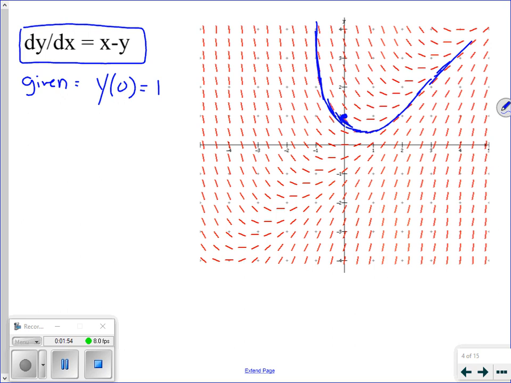All right, now, the idea of Euler's method, and I'm going to show you this on the slope field, is that we're going to start off with a specific point. And at this specific point, we're going to know the slope because we're given the differential equation. And it looks to be something like this, okay? And we're going to use this slope to trace out and approximate the next point.